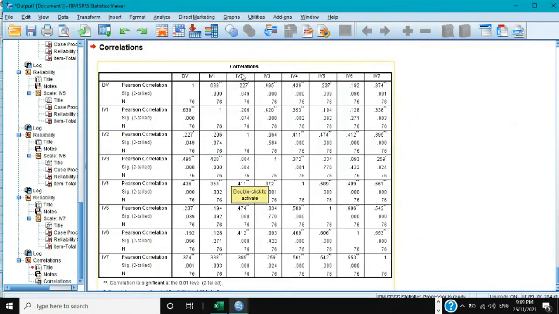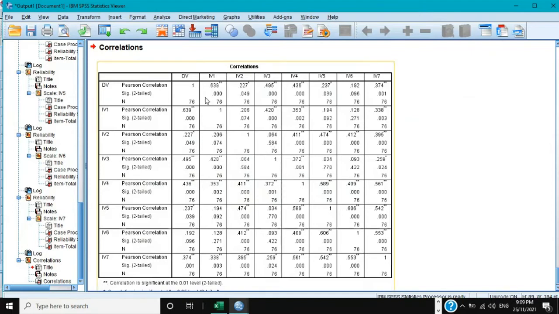So this is going to be the correlation result that you have already analyzed. Basically, you will be given this table of your DV and IVs. If you look at the table carefully, it is actually symmetrical. This is the cutting point: if you cut this paper into two, this is the middle line that you have to cut.